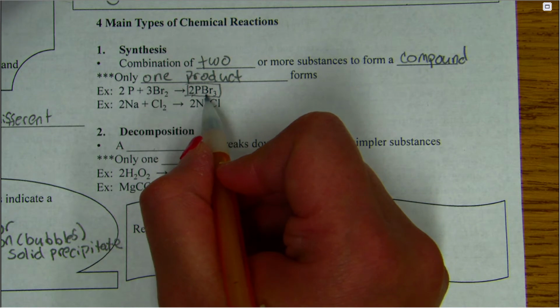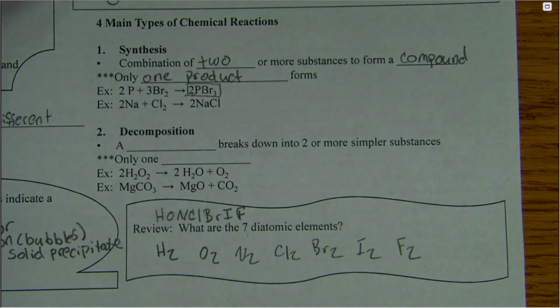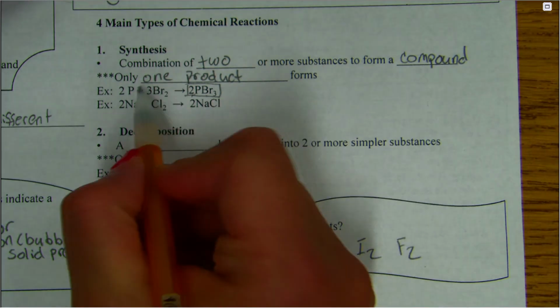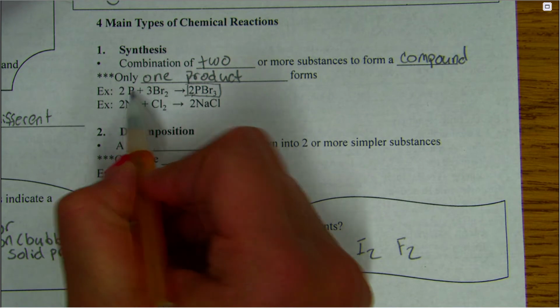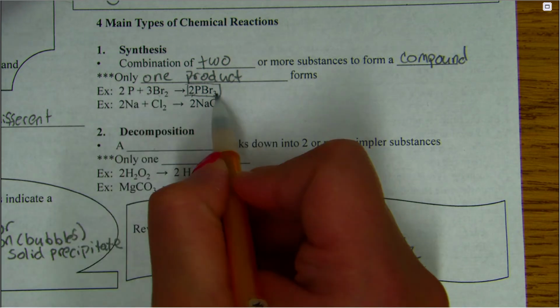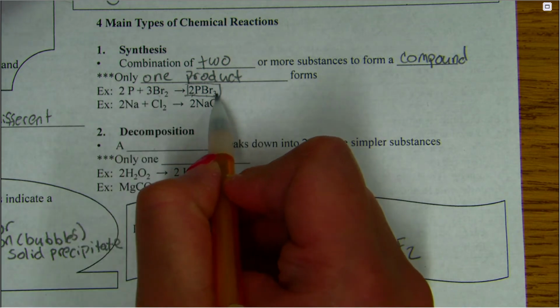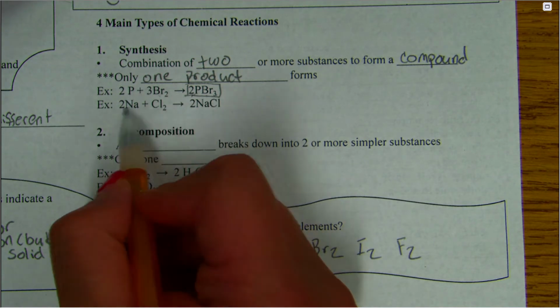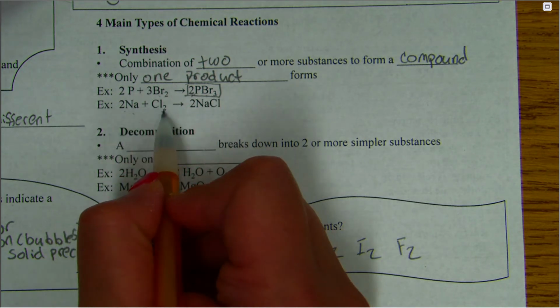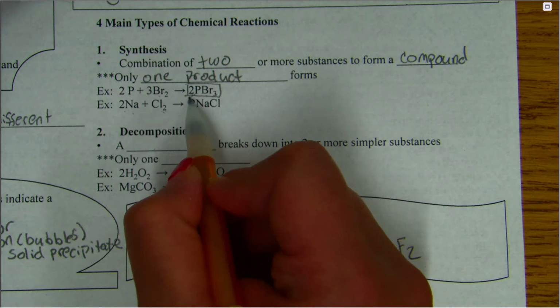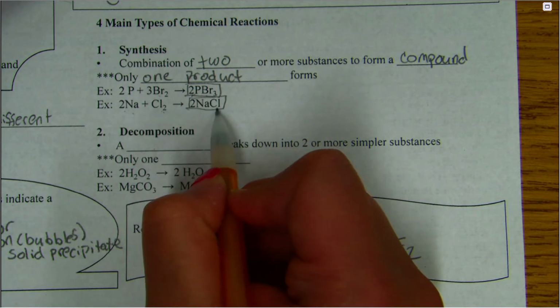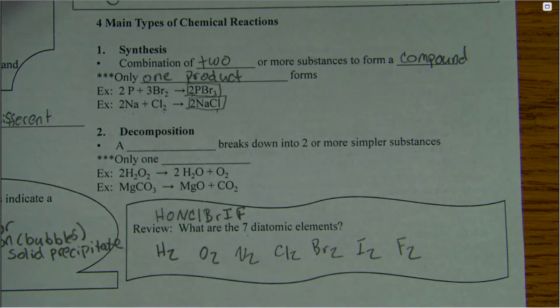All right, I took 2 things, phosphorus and bromine, and I made one product. Same thing in this example. I took 2 things, sodium and chlorine, and I made one product, NaCl, our sodium chloride.